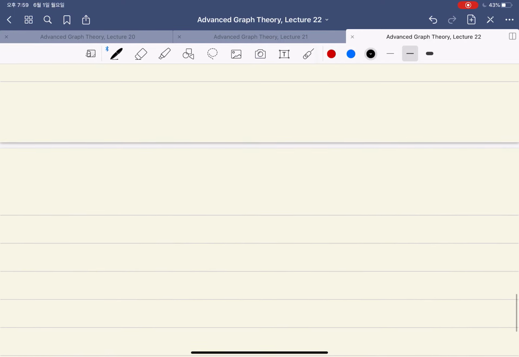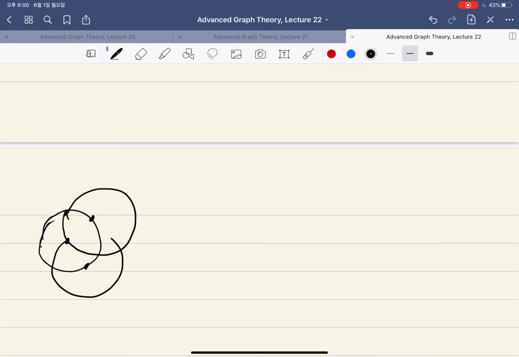Instead, we have one vertex and another vertex, and from here you draw a unit circle centered at this point. Then at this point you again draw a unit circle, and at this point you again draw a unit circle, and you keep doing this.